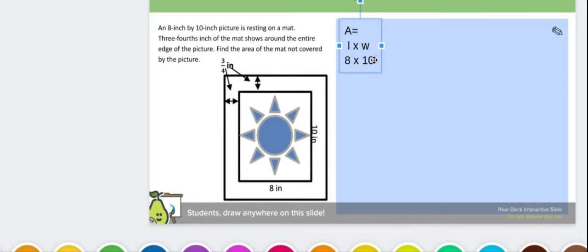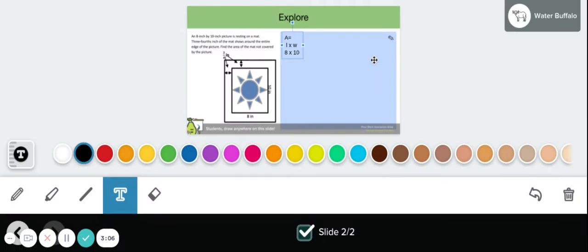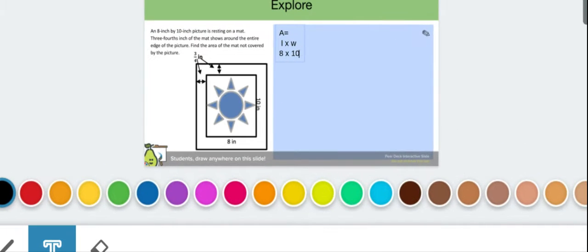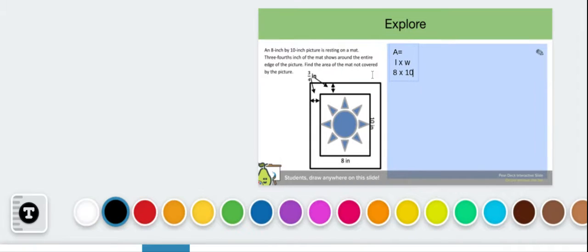So when we multiply the two numbers, we get 80 square inches.